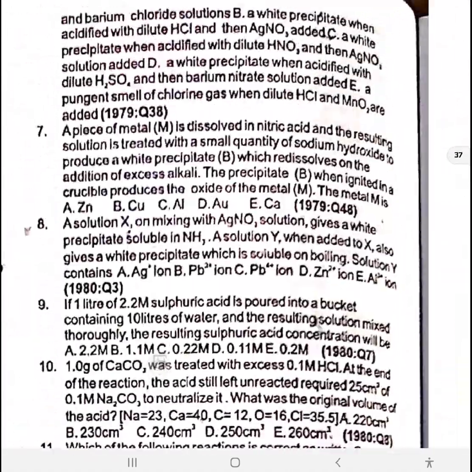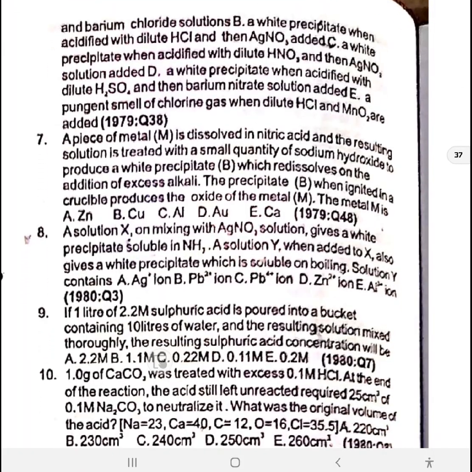Then I would give the note. So, okay, barium chloride solution, a white precipitate. A white precipitate when acidified with HNO3 and then silver nitrate solution is added. So right, the acidification process with HNO3.